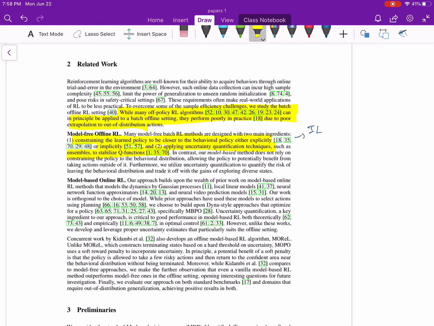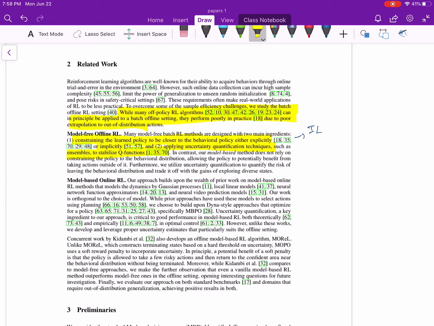I don't know what the effect of the second point is, which is not so clear here, so let's keep it as it is and move forward.